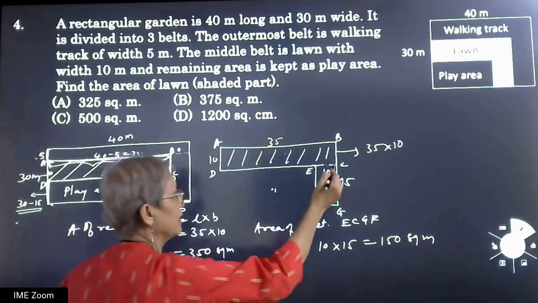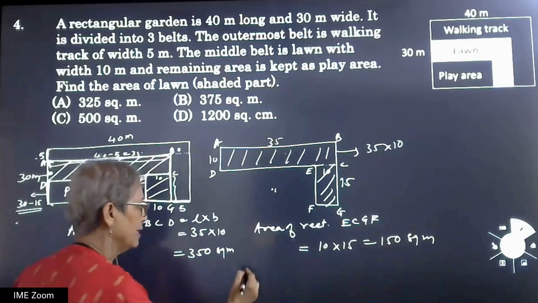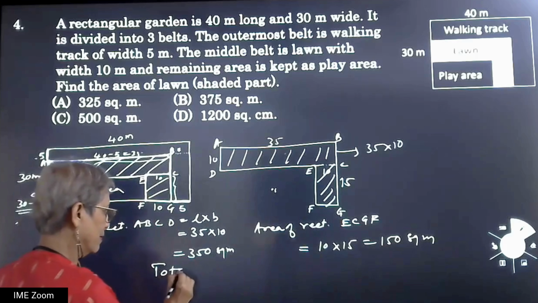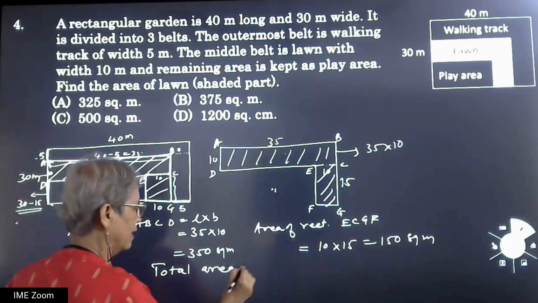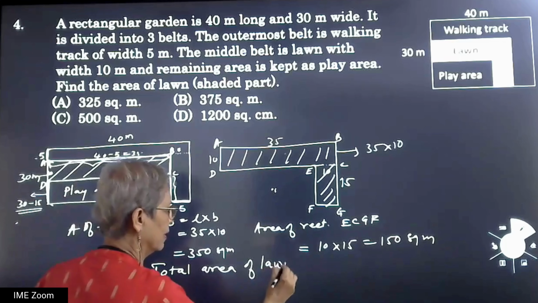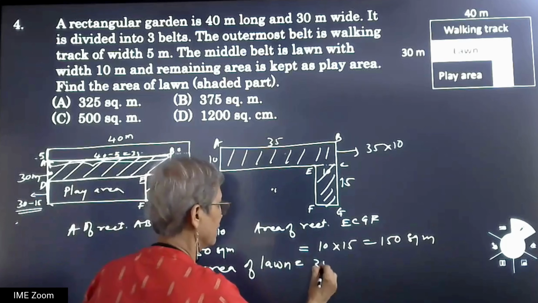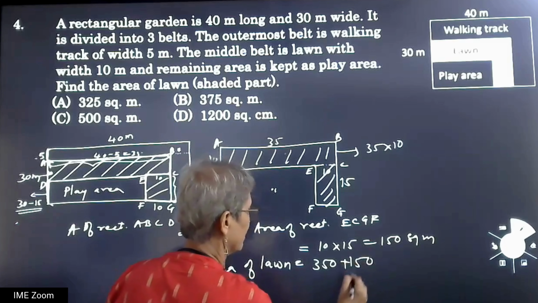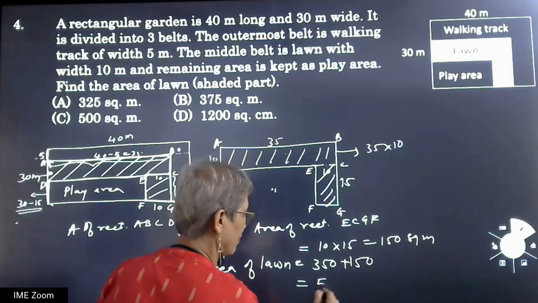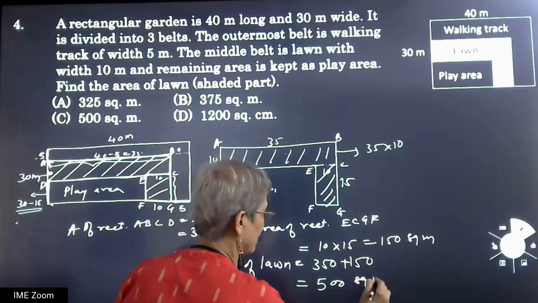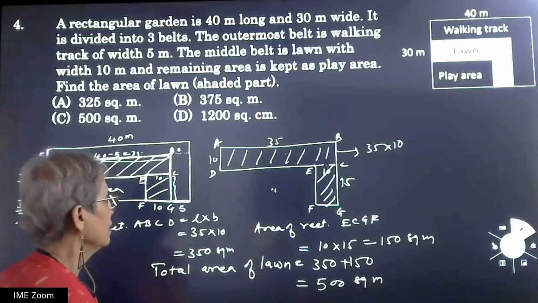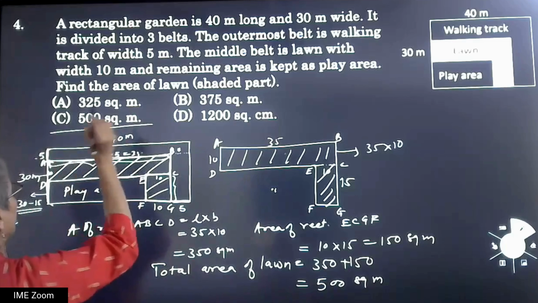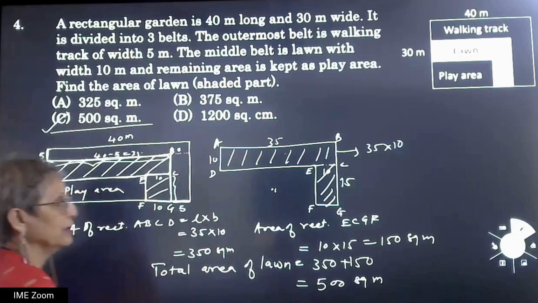And now we have to find the total area. That is therefore total area of lawn equal to 350 plus 150. And this is nothing but 500 square meters. So the answer is area of lawn is 500 square meters. That is option C.